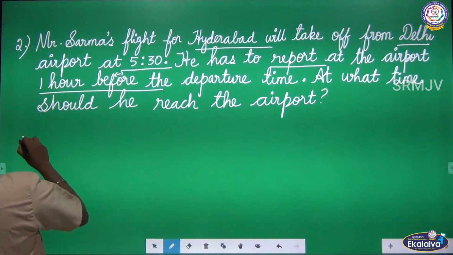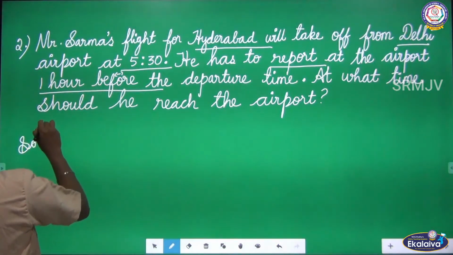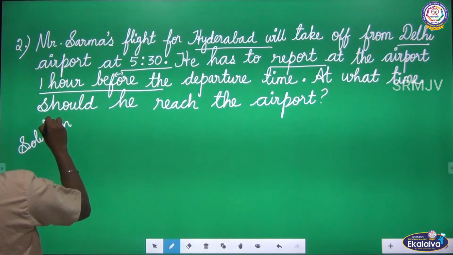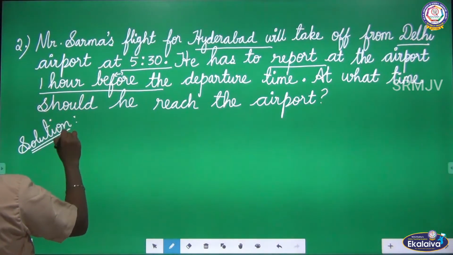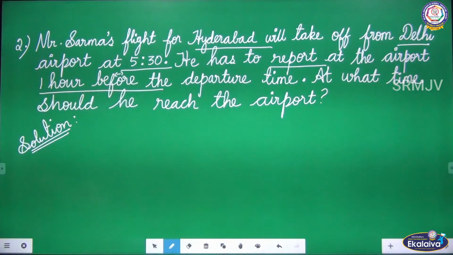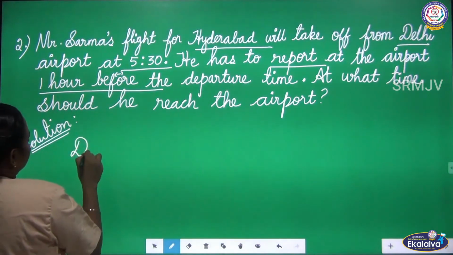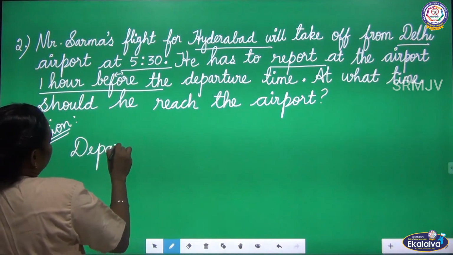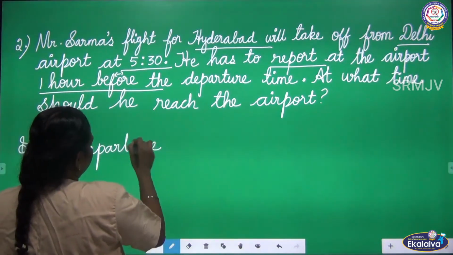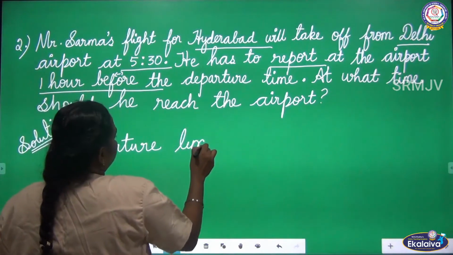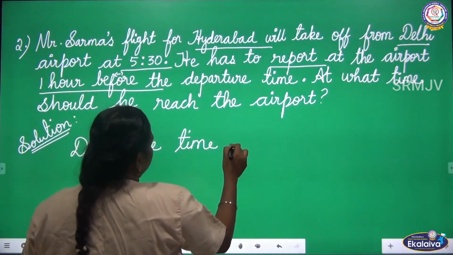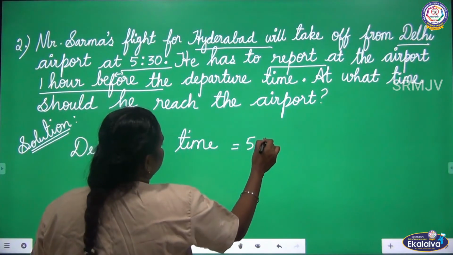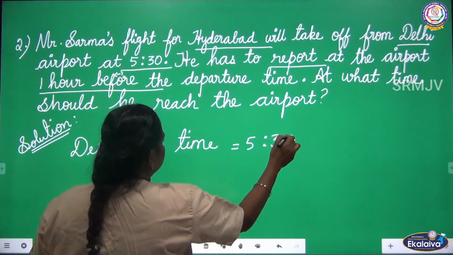So we will write the solution. Because they have given before, 1 hour before means we have to subtract. First you write departure time. What is the departure time? The starting time is the departure time. Departure time is 5 hours 30 minutes.